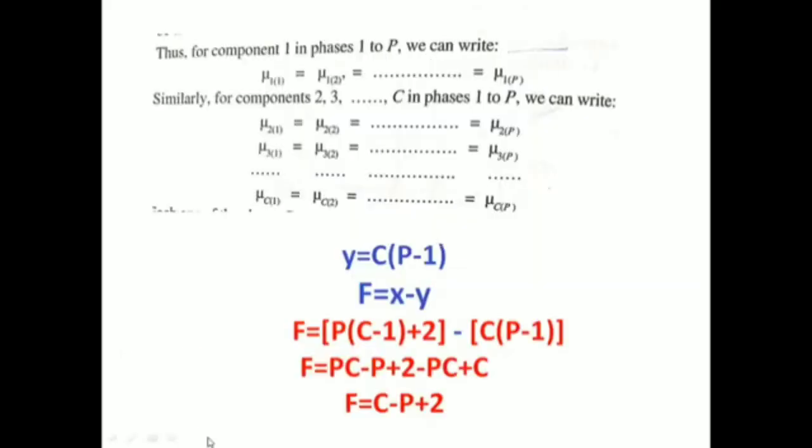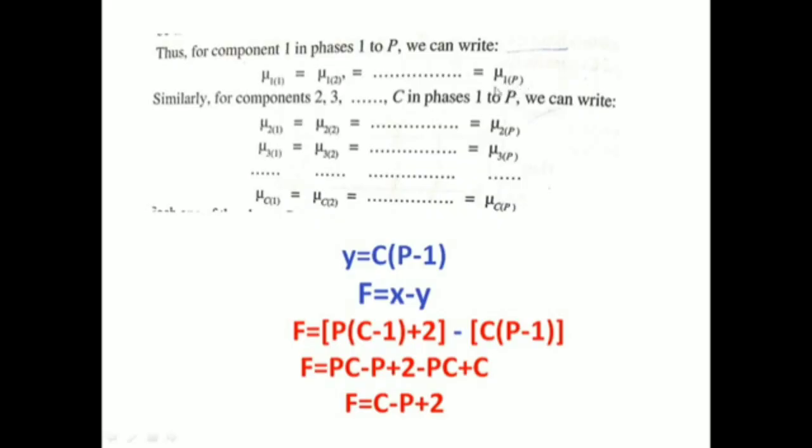Another condition for the equilibrium between phases is that the chemical potential of each component must be the same in all the phases. Let us consider the case of component 1. The chemical potential of component 1 in phase 1 is represented by mu11, and that in phase 2 is represented by mu12, and so on, up to phase P, where the chemical potential of component 1 in phase P is represented by mu1P.